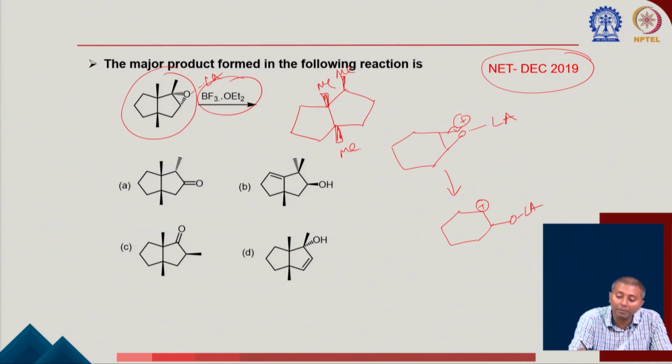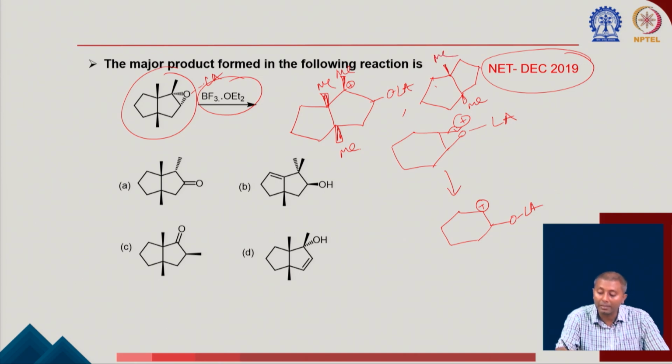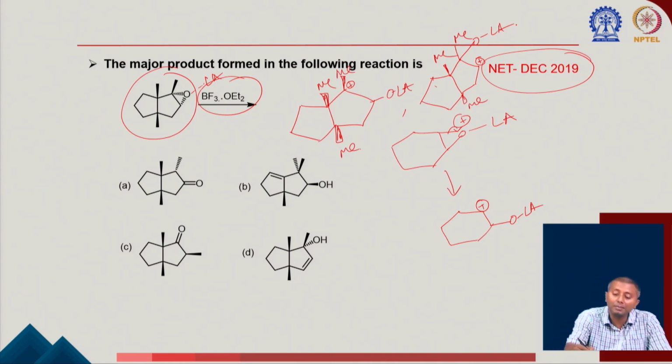Now it can open the epoxide this way to form a plus and O with Lewis acid, or it can form the other one, where it can form a plus here and methyl. Now the question comes, if you try to compare, you can see this is a tertiary carbocation, this is a secondary carbocation.